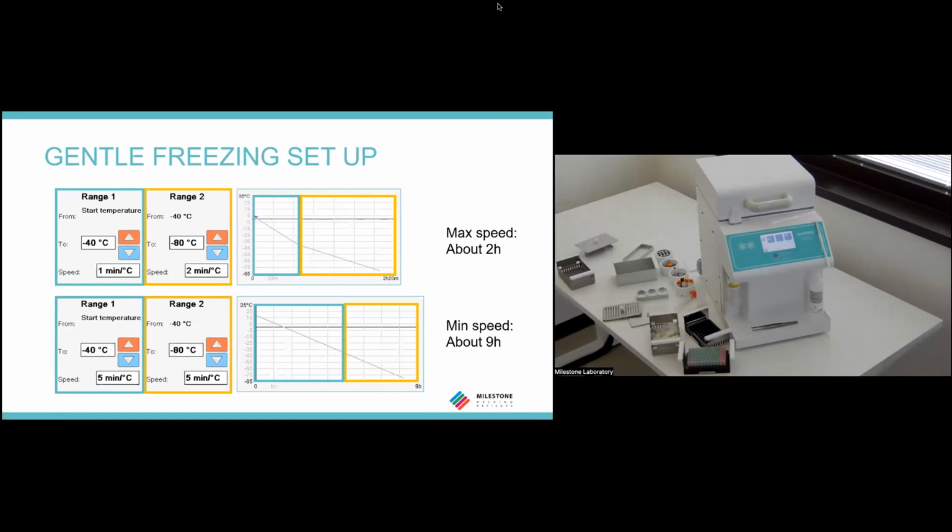In this way, it is possible to test different freezing protocols and find the perfect one for a specific cell line or a tissue type. For example, if you set up the maximum speed in both steps, you reach minus 80 in about 2 hours. Instead, if the minimum speed is chosen, the freezing time to reach minus 80 requires about 9 hours.